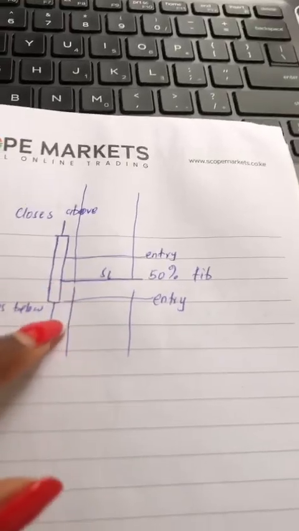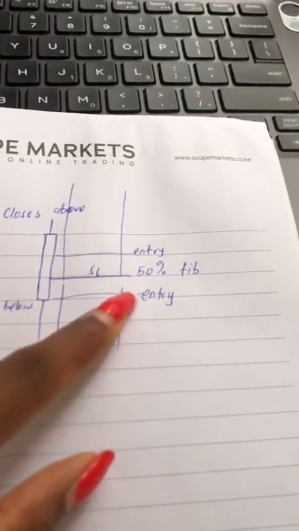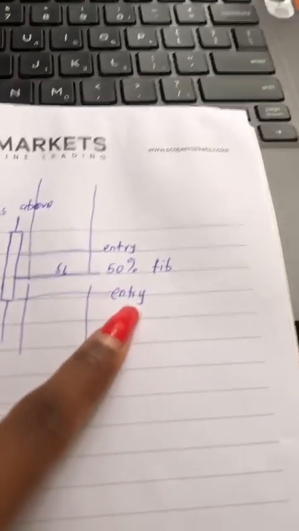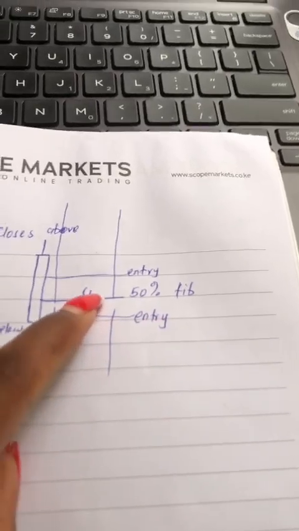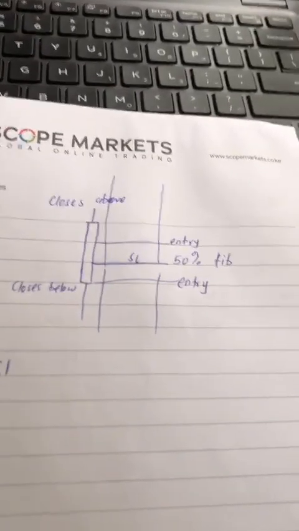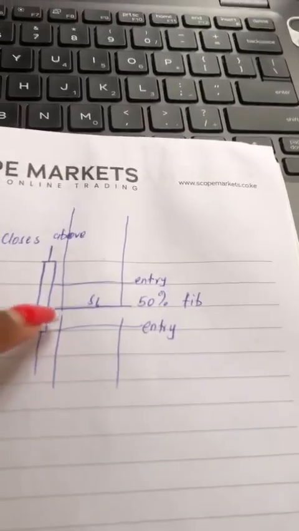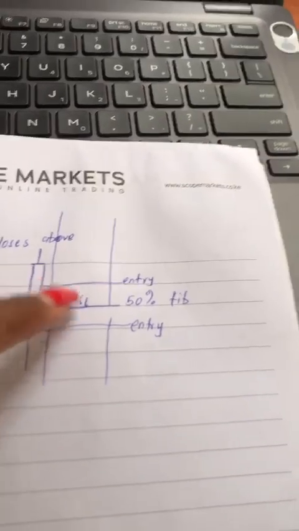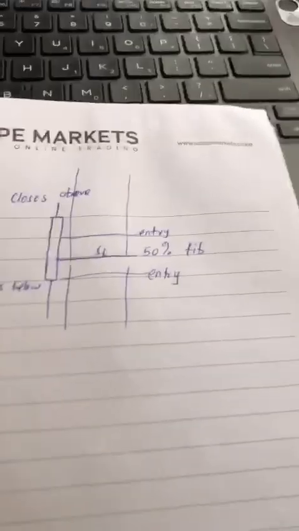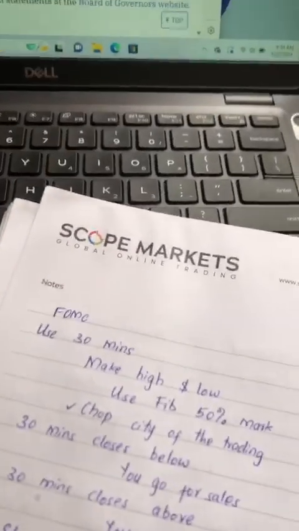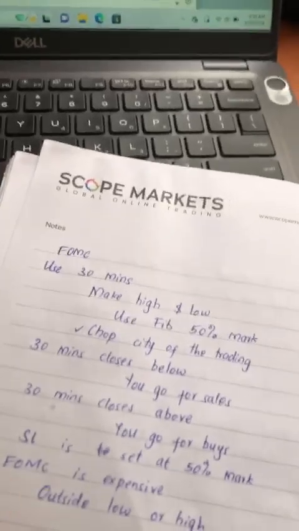That means if this candlestick closes below your 50%, you pick your entry from this point and put your stop loss here. Now, this is USD pairs. Remember, if the candlestick body closes above here, you pick your buy going up like that. So you need to be very careful of how you use your Fibonacci. In case you don't know how to use Fibonacci, please first go learn how to use it before you make a mistake.